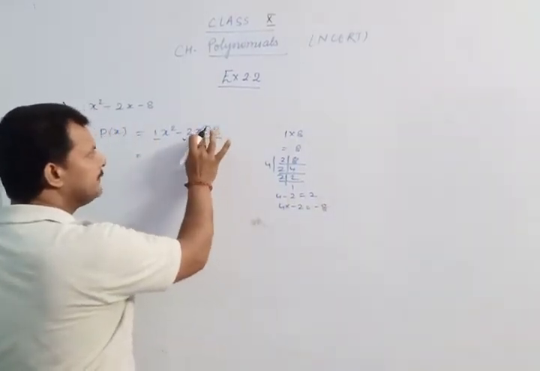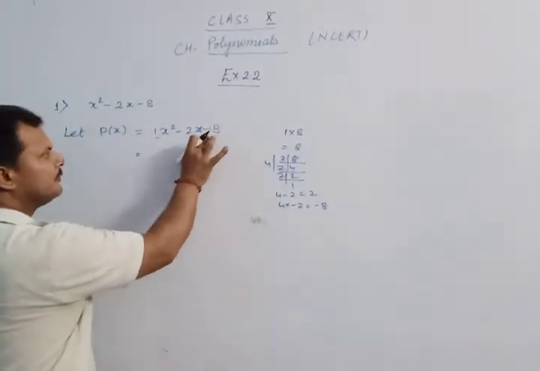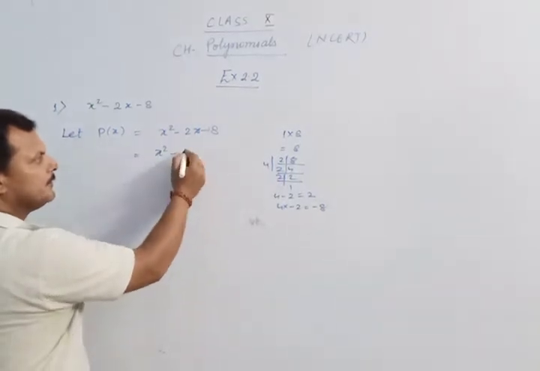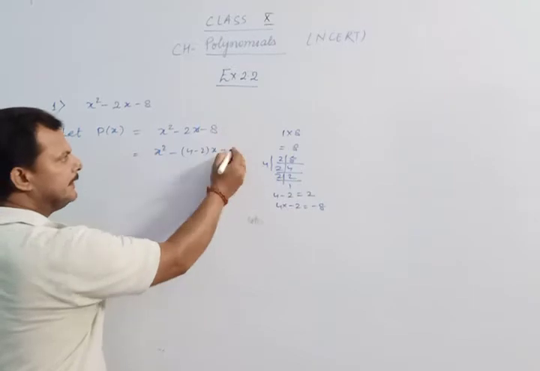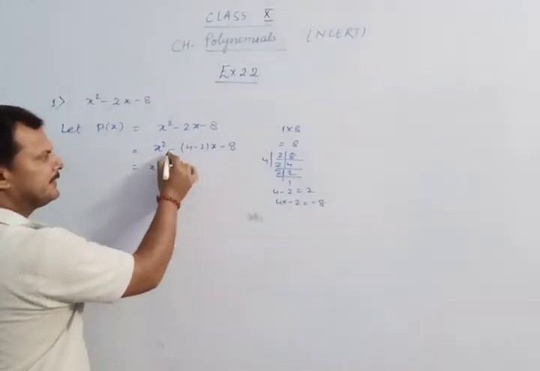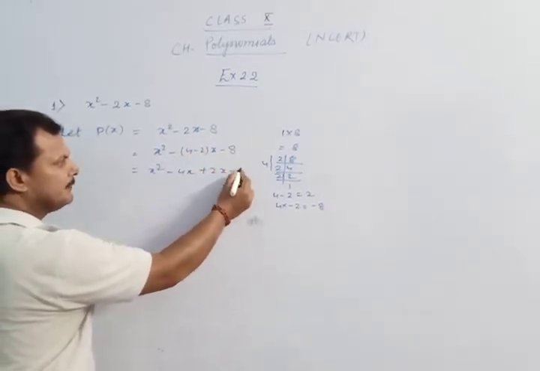You get the same. So now instead of minus 2x, we can write 4x minus 2x minus 8. Now x square minus 4x, this minus multiplied becomes plus 2x minus 8.